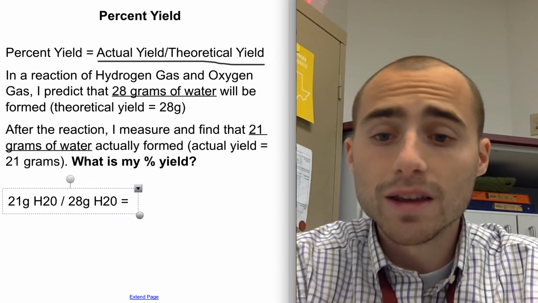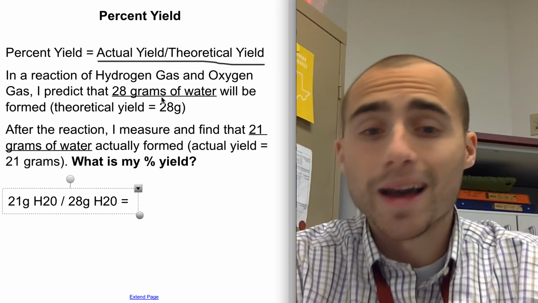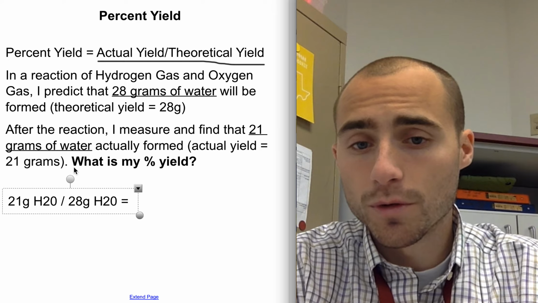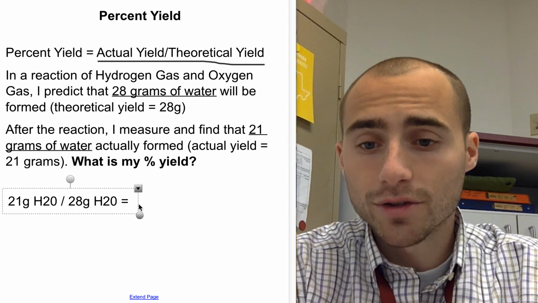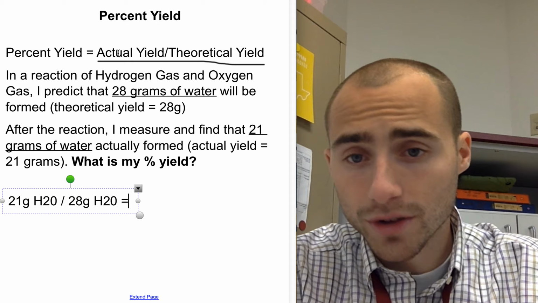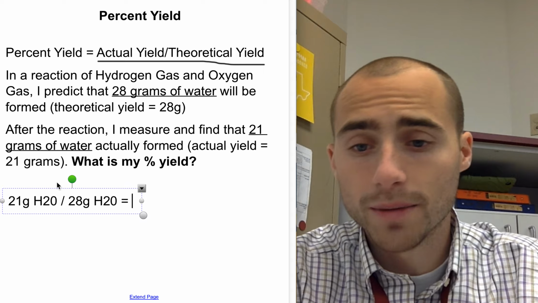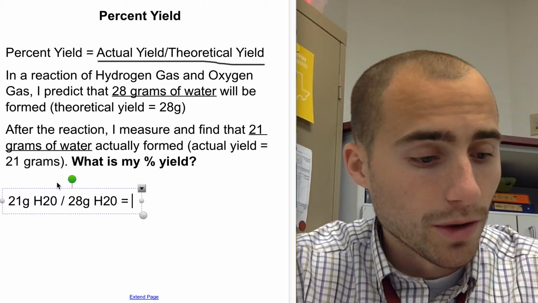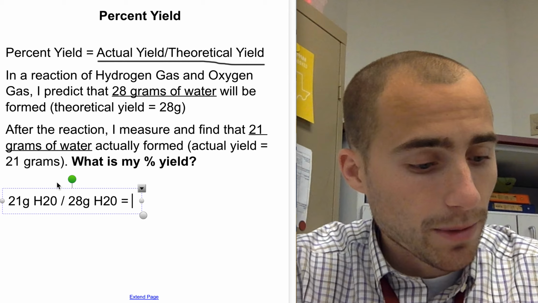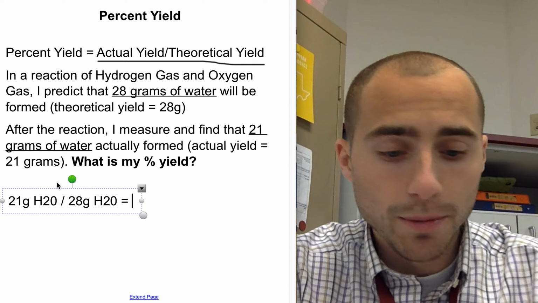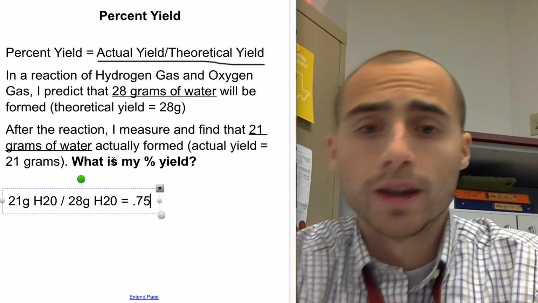That's the theoretical yield. You thought that in ideal conditions 28 grams will be formed, but 21 grams actually formed. So you use this equation: actual yield, 21 grams, divided by the theoretical yield. You divide 21 by 28, and you end up with 0.75.